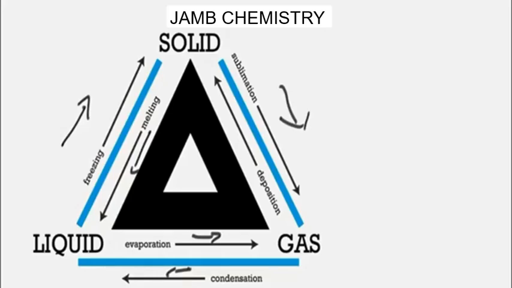Whereas if the temperature is above the boiling point of a substance, it will be a gas. On the other hand, if the temperature is between the two points, the boiling point and the melting point, then it will be a liquid. So you have to be able to predict when it is gas, solid, or liquid.